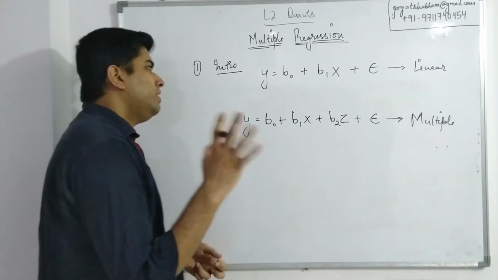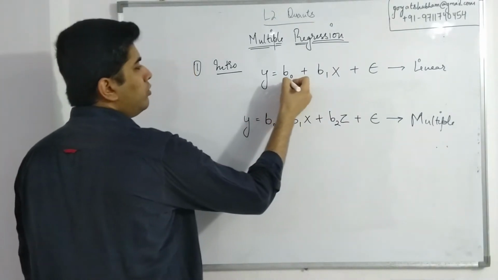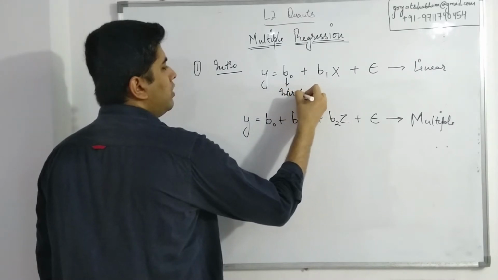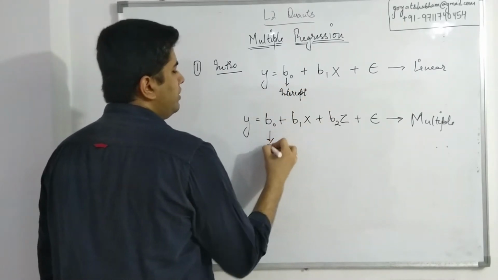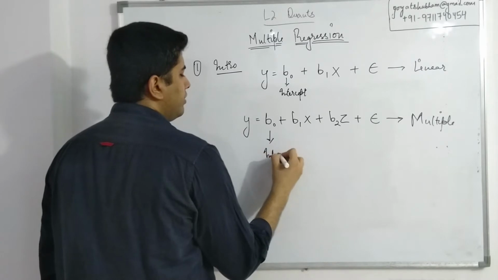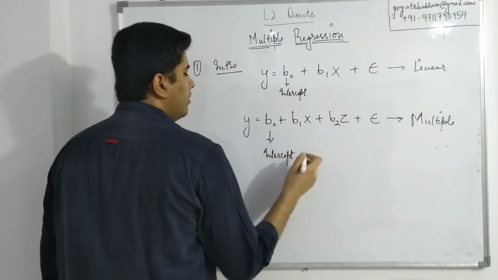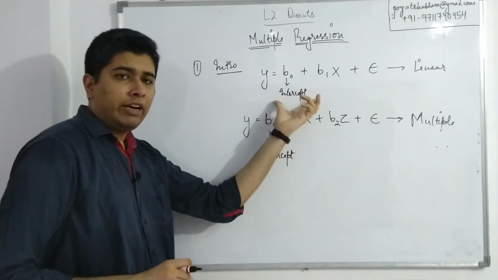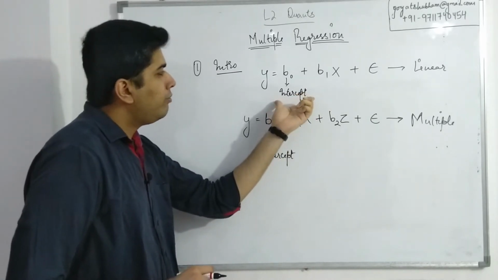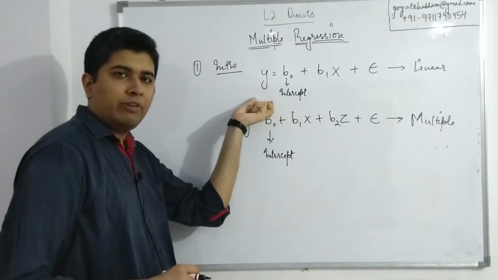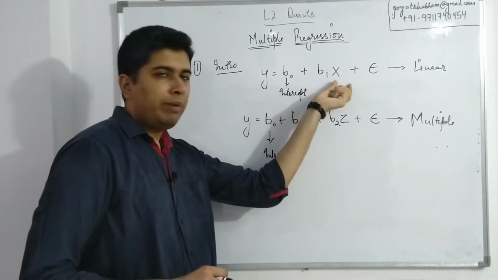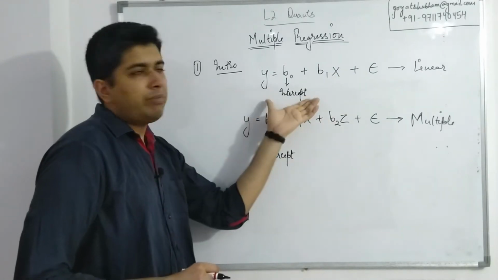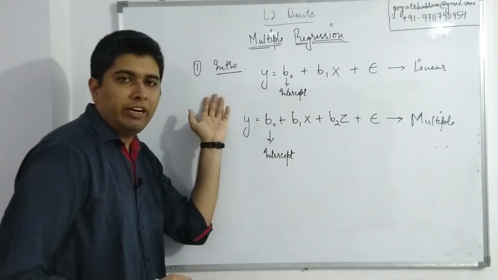So firstly, B0. Over here, it was the intercept term. Here also B0 is called the intercept. What does the intercept mean in case of linear regression? Well, in case of linear, it meant what would be the value of y if my independent variable took a value of 0. So if x was 0, the intercept represented the value of my dependent variable.